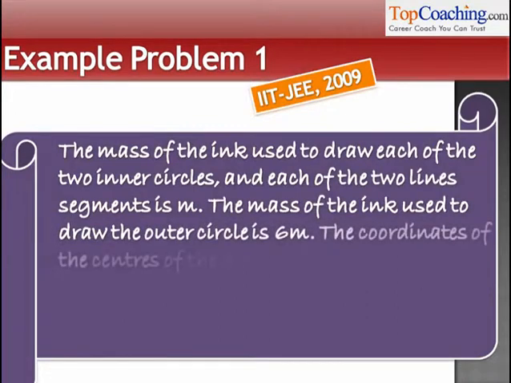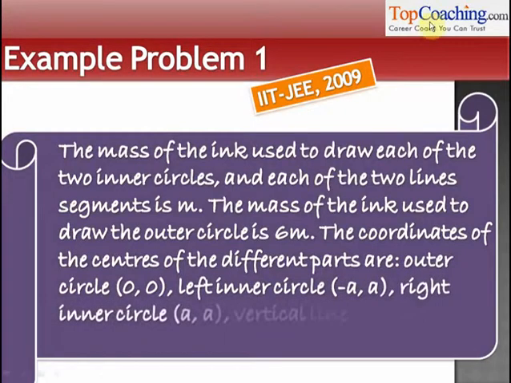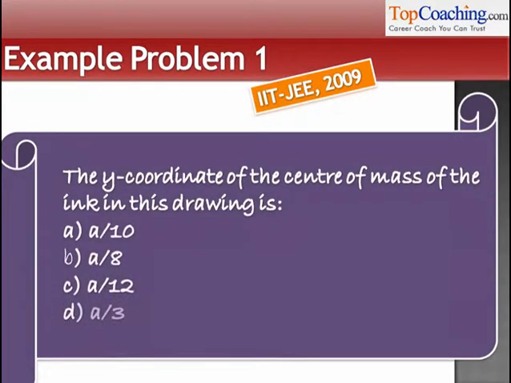The mass of the ink used to draw the outer circle is 6m. The coordinates of the centers of the different parts are: outer circle (0, 0), left inner circle (-a, a), right inner circle (a, a), vertical line (0, 0), and horizontal line (0, -a). You have to find out the y coordinate of the center of mass of the ink in this drawing.